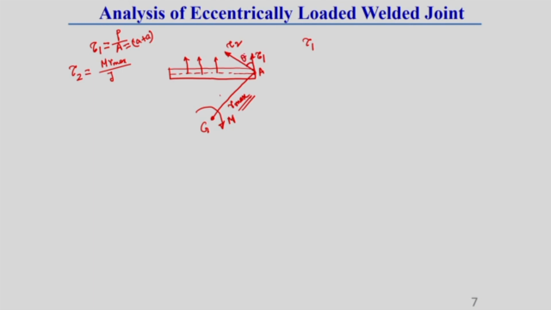So, by vector addition we can easily find the resultant of this tau 1 and tau 2. What should be the resultant shear stress? The resultant shear stress tau r we can easily find out either by vector addition, that is the triangular law, or we can use the parallelogram theorem also.